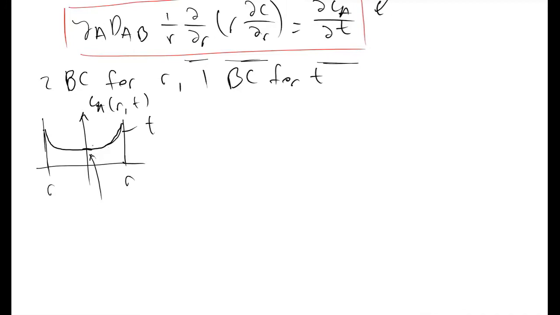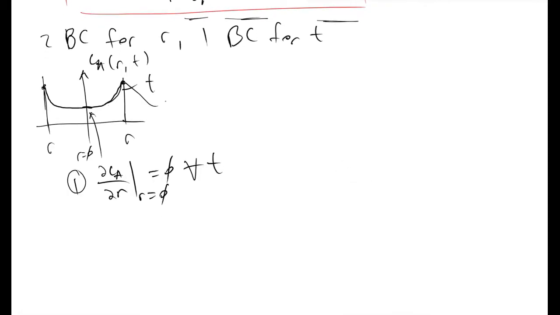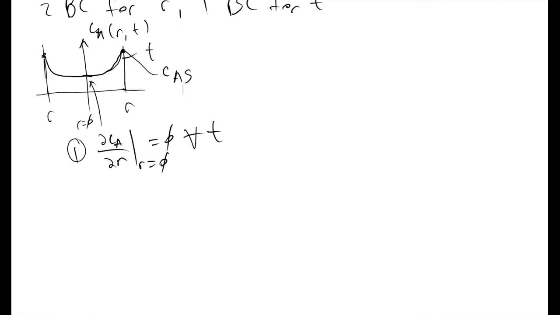If we note how the slope at R equals 0 is 0, in other words, dCA dr evaluated at R equals 0 must be 0 for all time t, this tells us a boundary condition in R. So this is our first boundary condition for R. Also, CA must be equal to CAS at R equals big R. This axis will be little r, and big R represents the total radius of our cylinder.